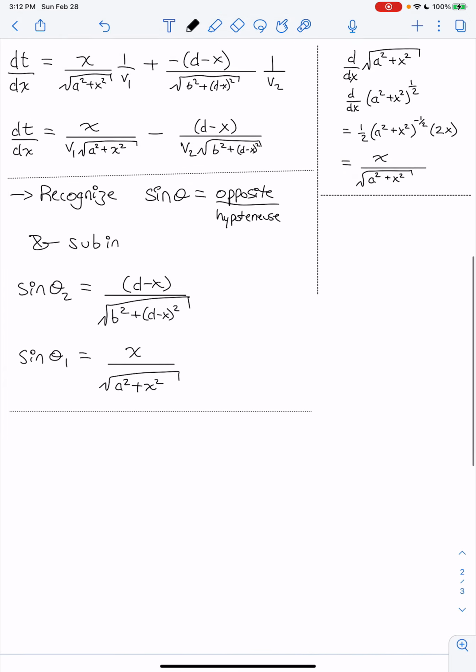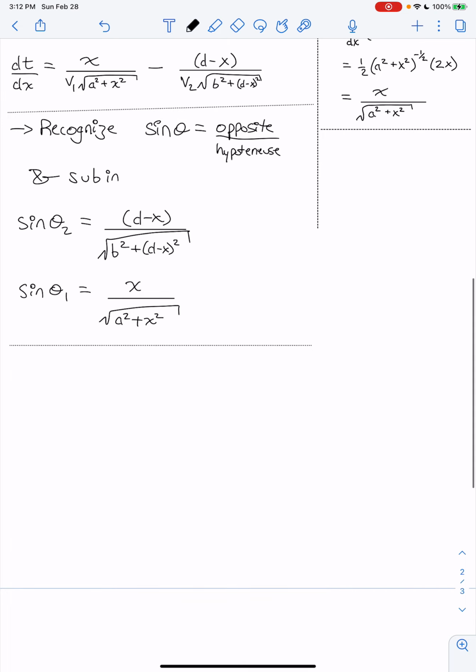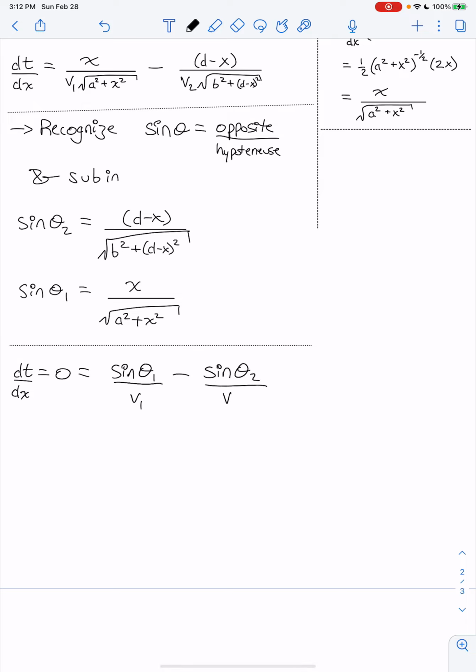So once we substitute that into this equation, we get a dt dx, and we know that's equal to 0 because we're looking to minimize that, and that's going to be equal to sine theta 1 over our v1 minus our sine theta 2 over v2.